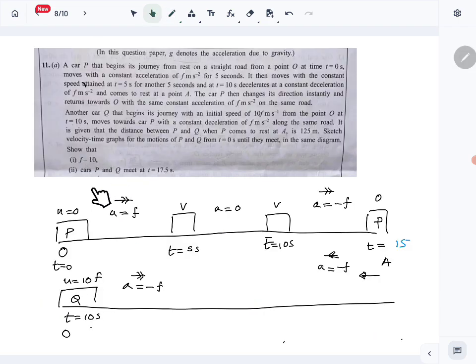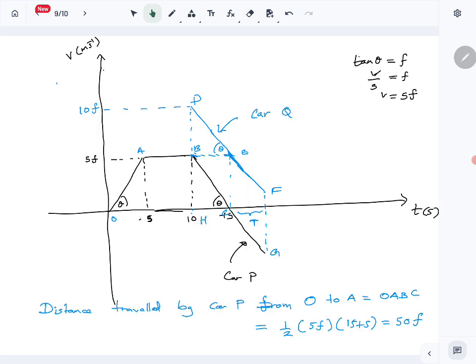Then we have to do what? Cars P and Q meet at t equals 17.5 seconds, right? Again, we are going to use that 125 meters.